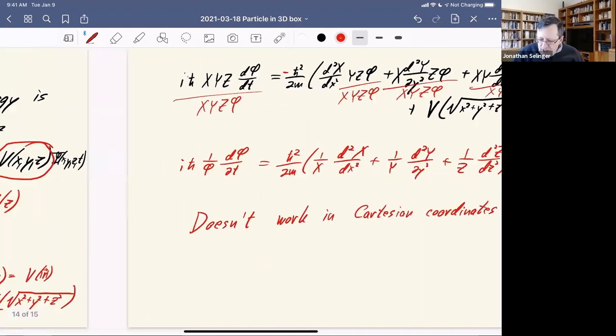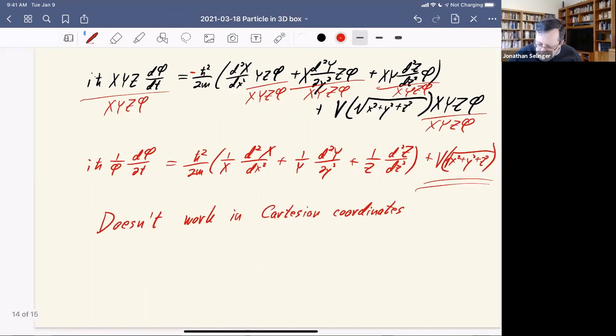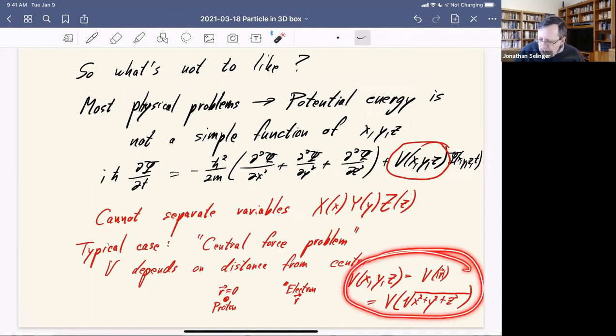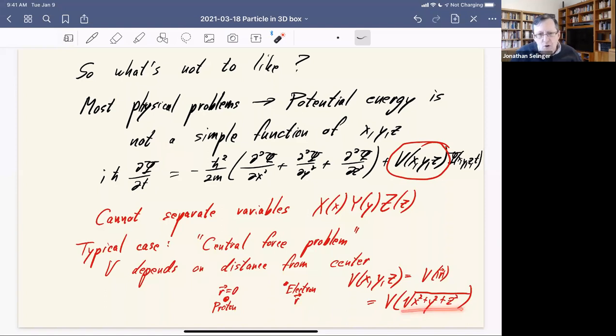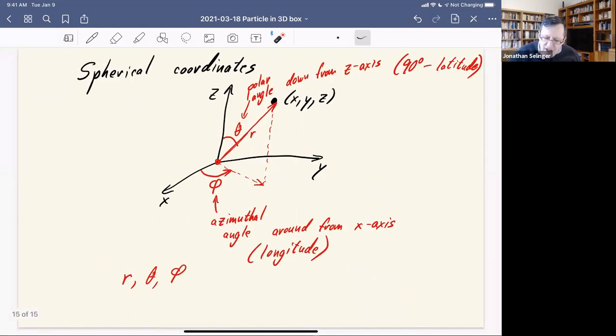And the reason is that that's typically what goes into the potential energy, right? When we have a potential energy like this one, the potential energy is a messy function in Cartesian coordinates, but it's going to be a simple function in spherical coordinates because it only depends on one of the spherical coordinates, r, and it doesn't depend on the two angles.